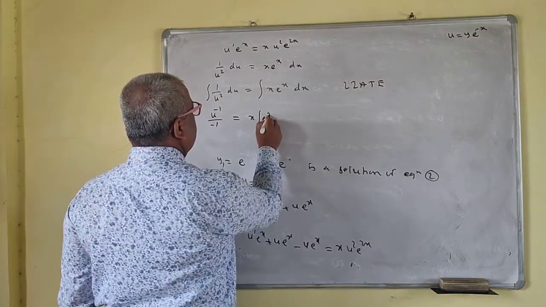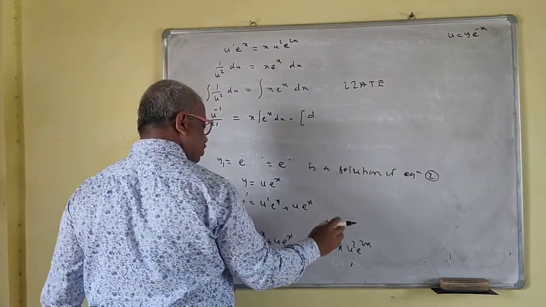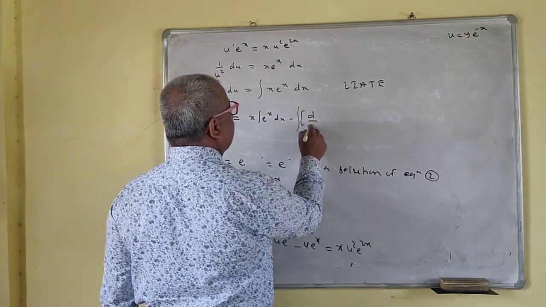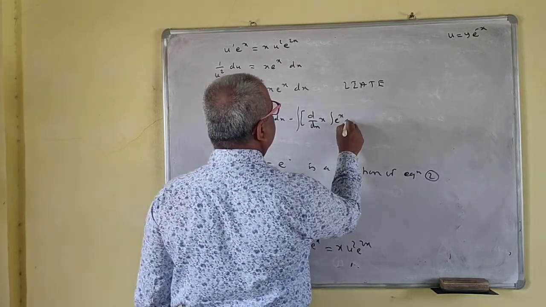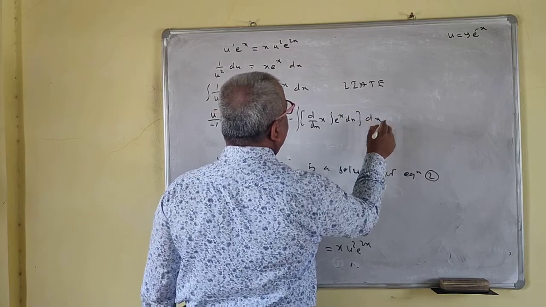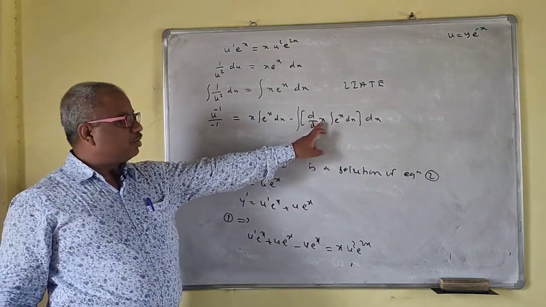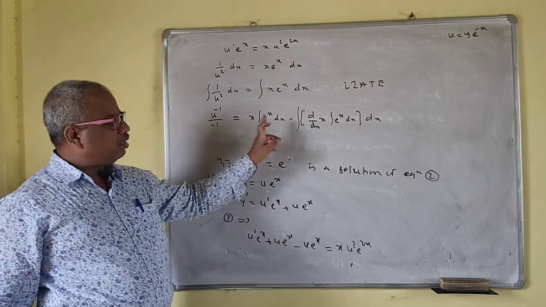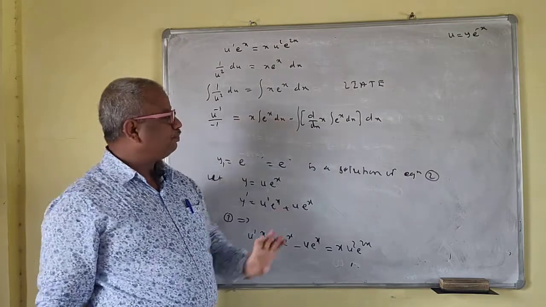This is the integration of u v dx equals u times the integration of v dx minus the integration of the derivative of u into the integration of v dx. So this is the by parts. Here you have to take the derivative of the function which you have taken outside, and this integration as it is, you have to integrate the product.